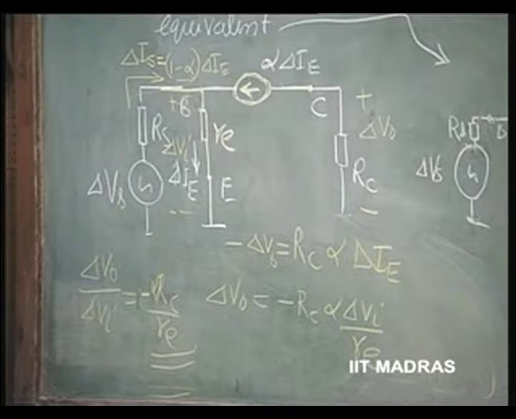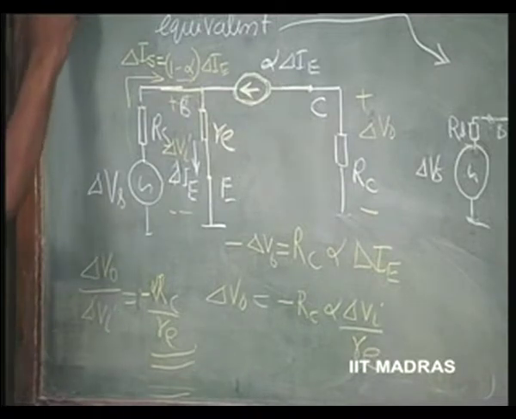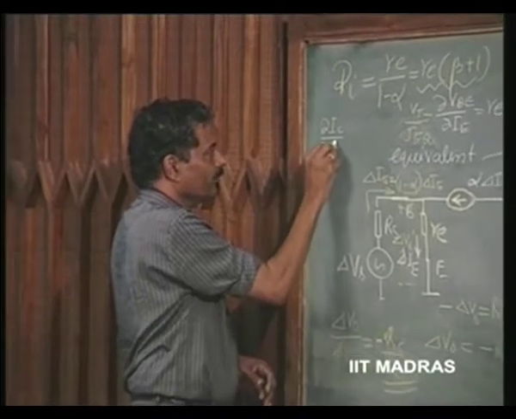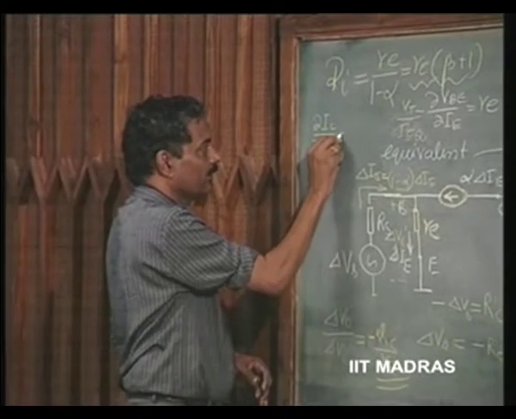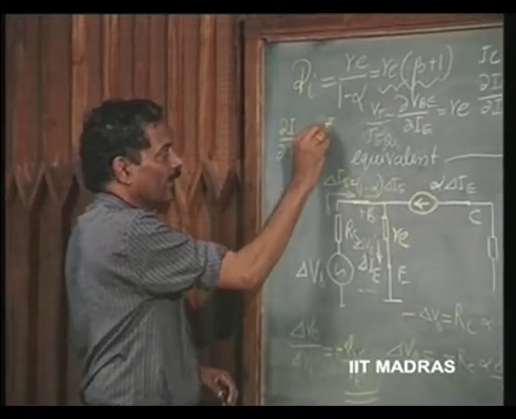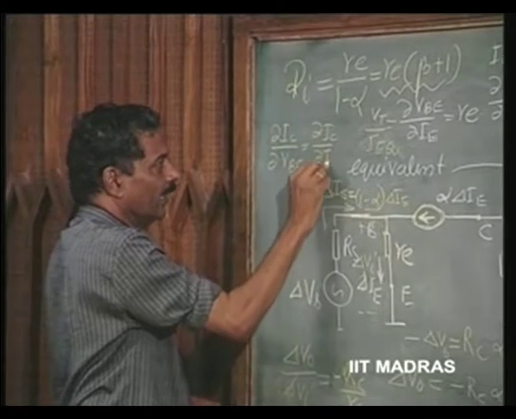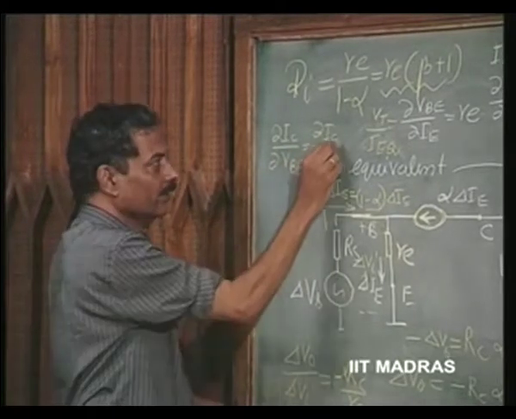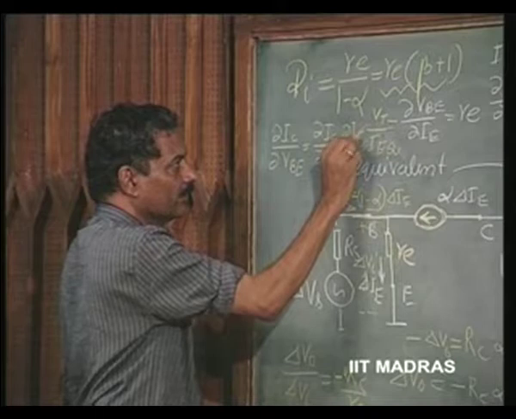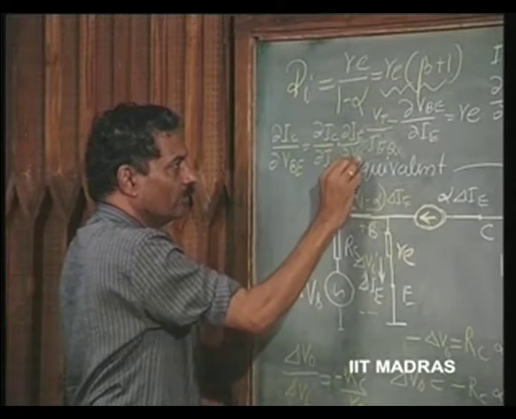What is alpha by RE? Alpha by RE is called GM, the transconductance of the amplifier. This also we have defined, delta IC divided by delta VBE. Delta IC divided by delta VBE is nothing but delta IC divided by delta IE, into delta IE by delta VBE.